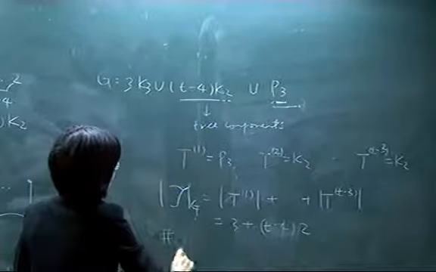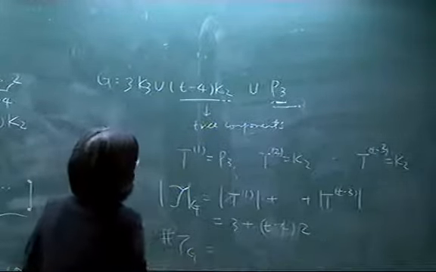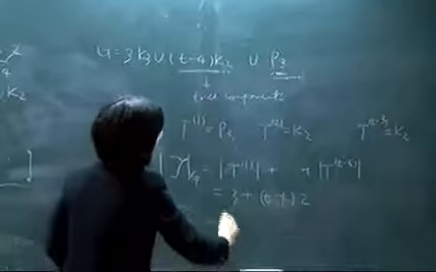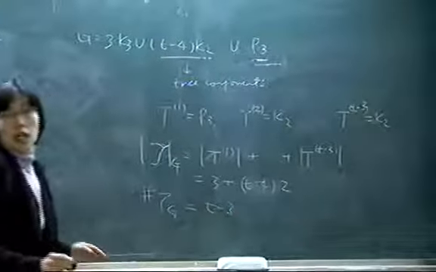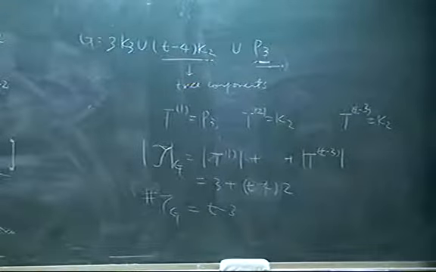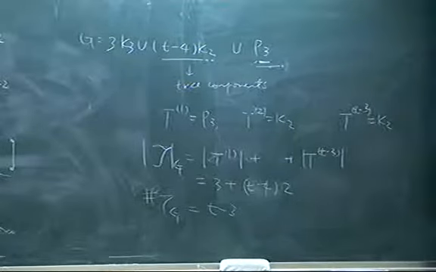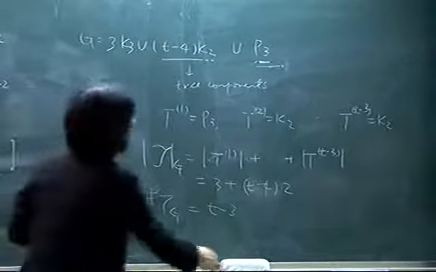And sharp tau G is the number of these components, so that's T minus 3. And did you want some example of that lemma? So the lemma says that you can find any number less than T minus 3.